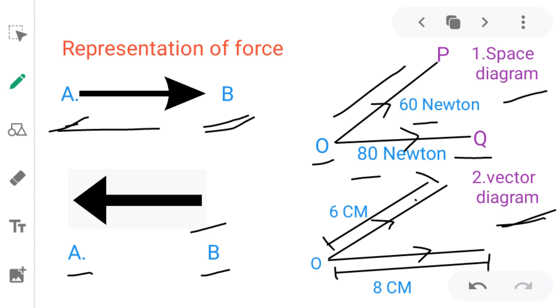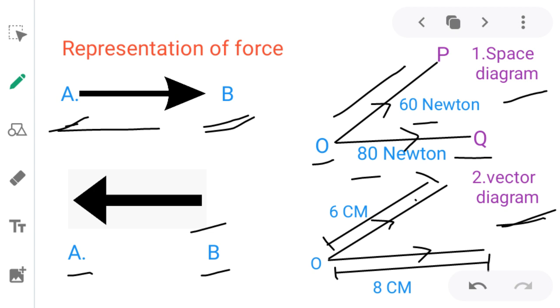Whether space or vector diagram, the arrow mark is compulsory, but in the space diagram the direct unit of force, Newton, is applied, and in the vector diagram a scale is taken according to the given Newtons. In this example, I have taken 60 Newton as 6 centimeter and 80 Newton as 8 centimeter. So in this way we can represent the force.